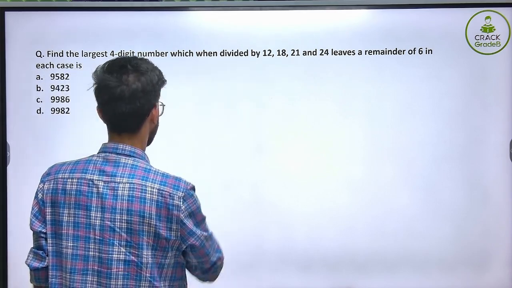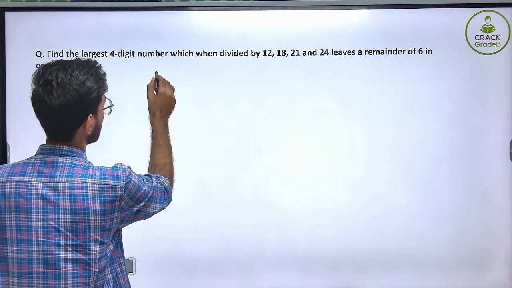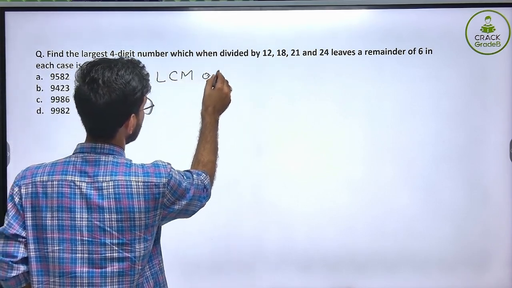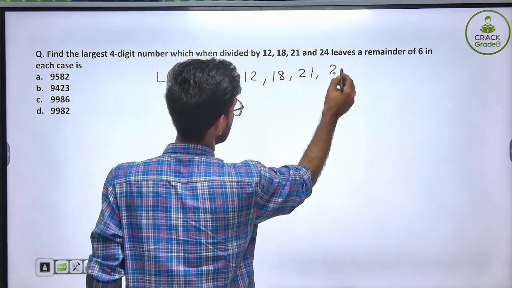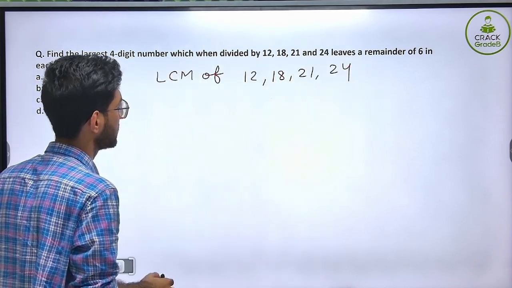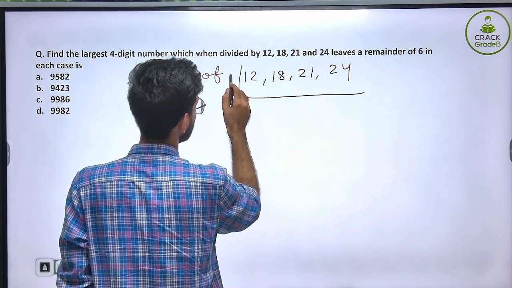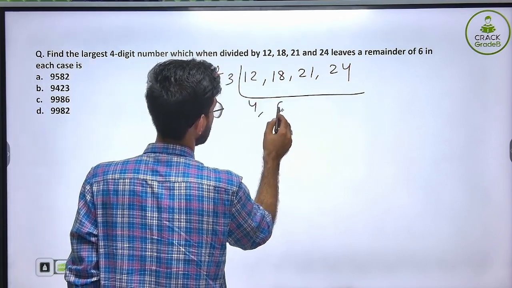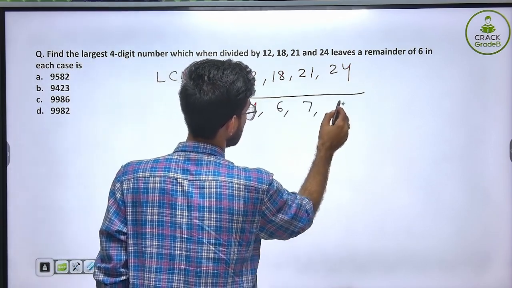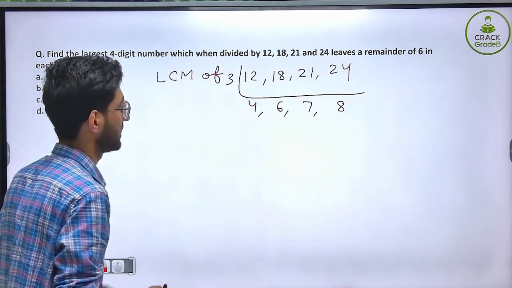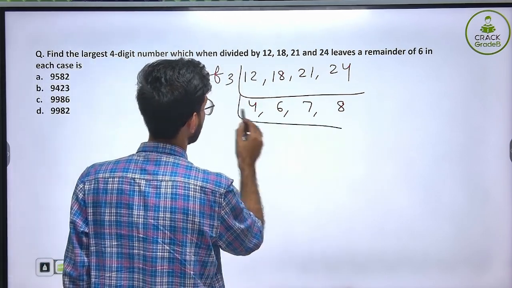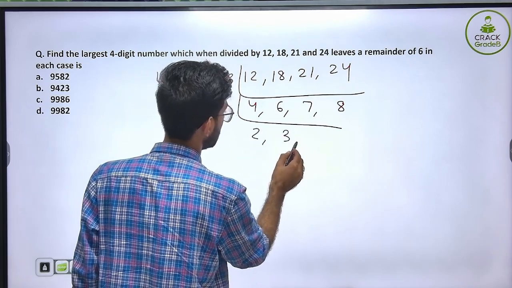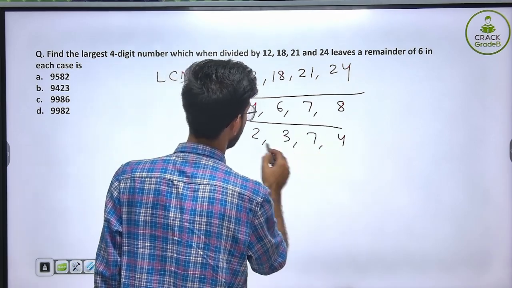Let us solve this question using a simple way. So simply we will have to find the LCM of 12, 18, 21 and 24. So simply 3 into 4, 3 into 6, 3 into 7 and 3 into 8, right? We can apply 2 into 2, 2 into 3, 7, then 4.